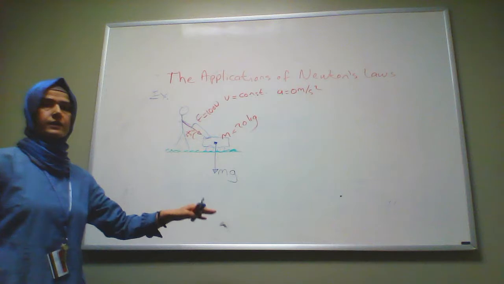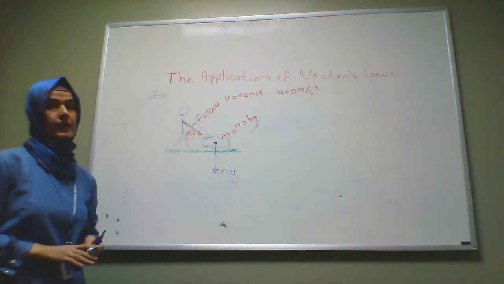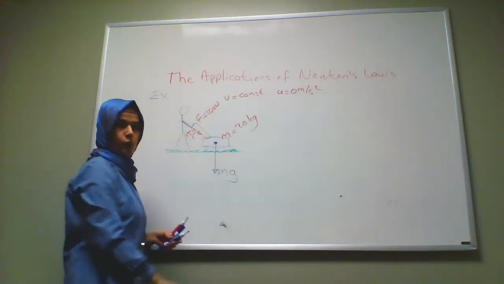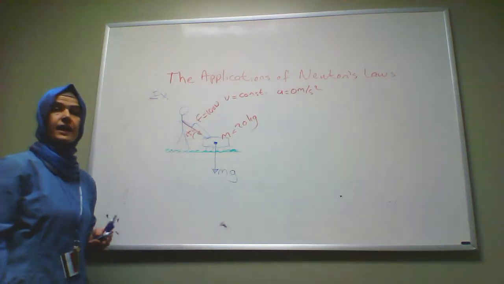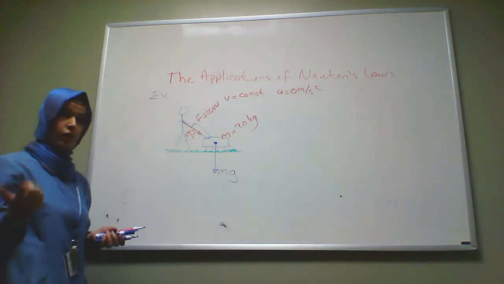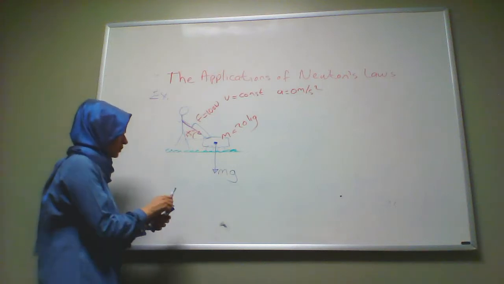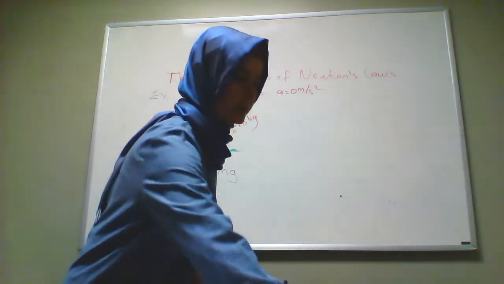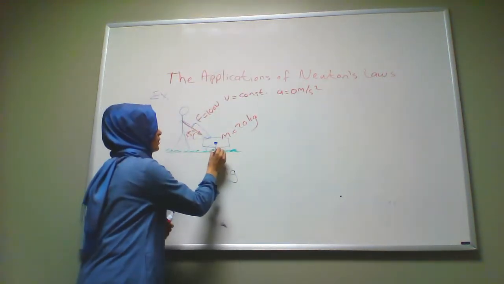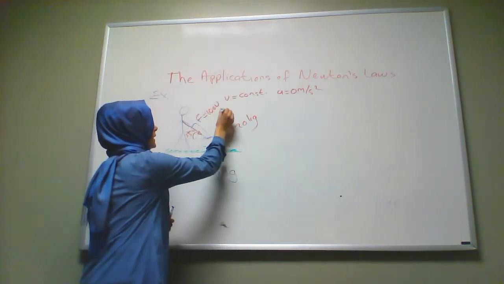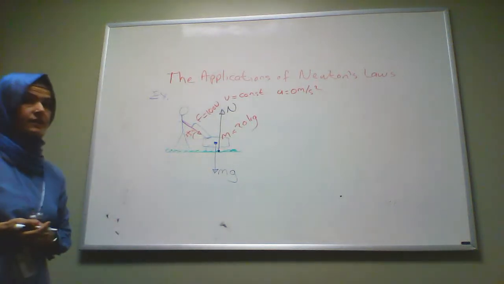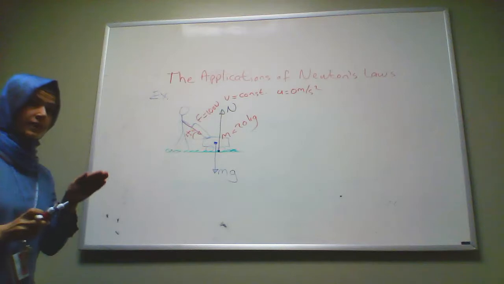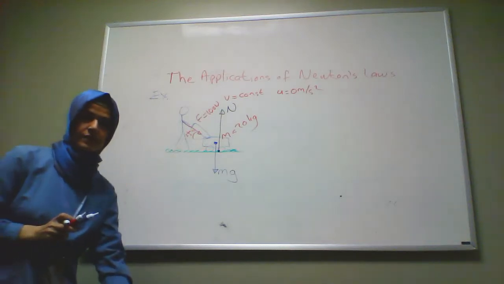Downward, we always have mg. Then reaction forces. This object is pushing downward, right? So there will be a normal force acting in the opposite direction and perpendicular to the surface. Let me use black for that. So we have the normal force, and I don't know what it is at the end because it is always equal to the total forces acting perpendicular to the surface.